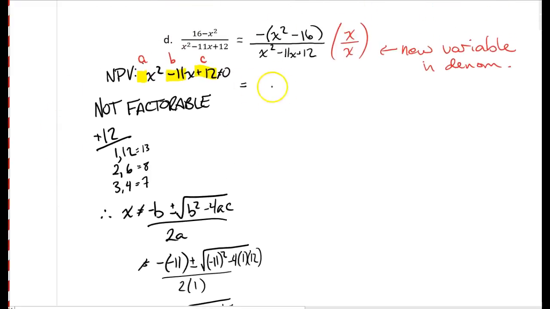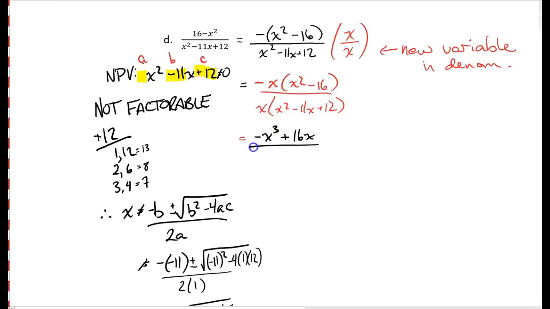Then I can multiply this through. So we've got negative x times x squared minus 16 over x times x squared minus 11x plus 12. Keep going. I should get negative x cubed plus 16x, all divided by x cubed minus 11x squared plus 12x.